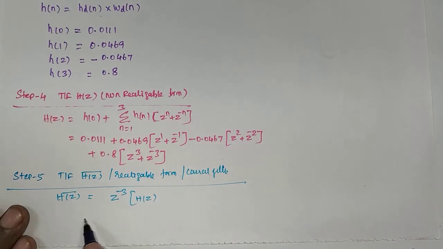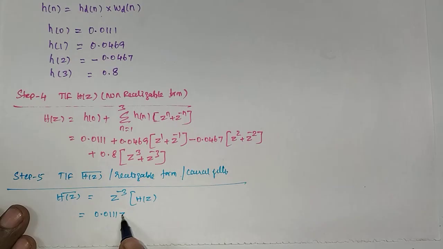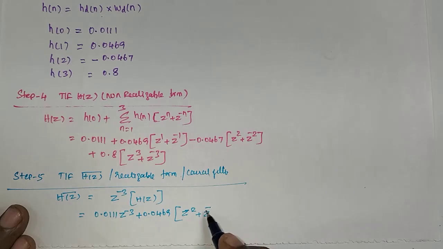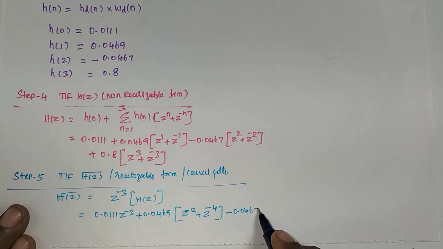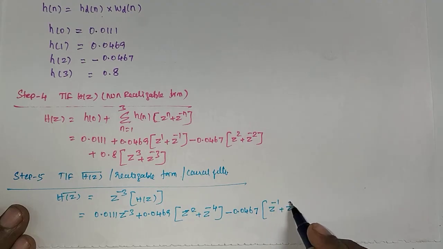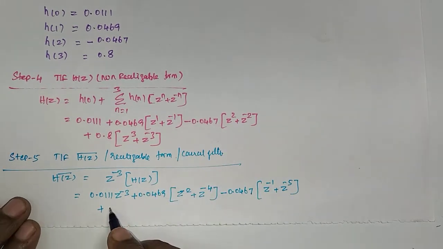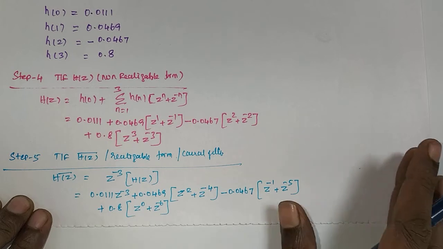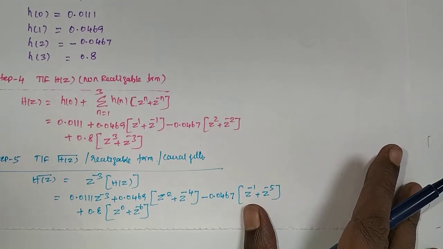This value is equal to 0.011 z power minus 3 plus 0.0469 into (z power minus 2 plus z power minus 4), and then minus 0.0467 into (z power minus 1 plus z power minus 5), and then plus 0.8 into (z power 0 plus z power minus 6). So this is the transfer function which is in the realizable form.